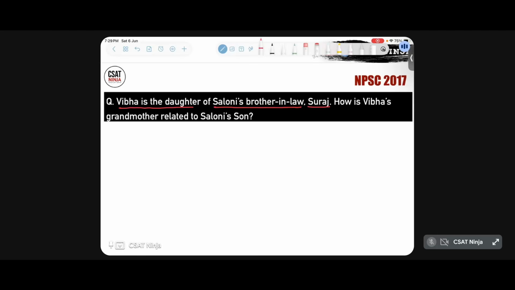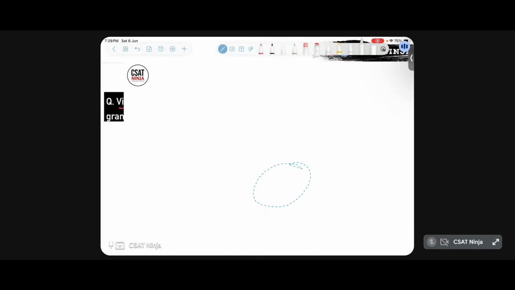So here the statement says that Wiba is the daughter of Saloni's brother-in-law, which means that this is Saloni. Saloni is married to someone. Remember, I don't know the gender of Saloni, because the gender is not mentioned here.